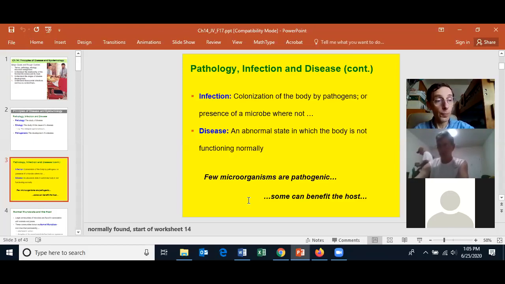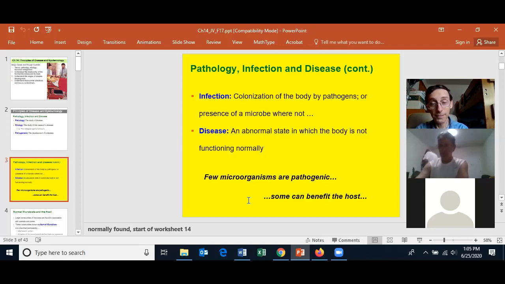Once again, understand that few microorganisms are pathogenic, and if they are pathogens, it means that they are found where we're talking about the normal microbiota.